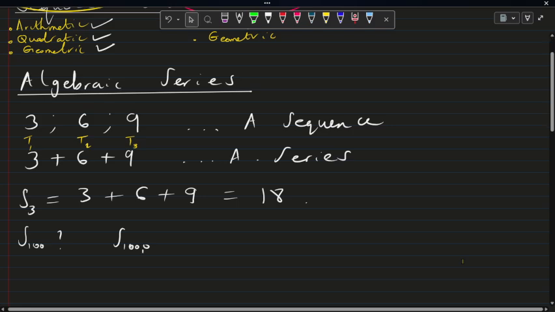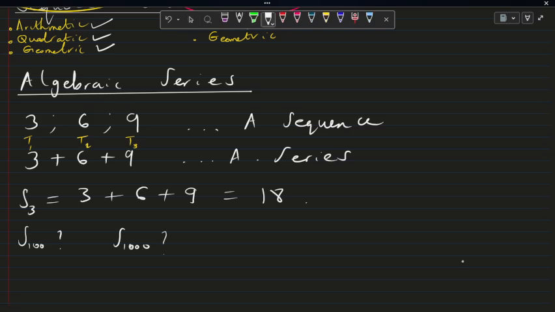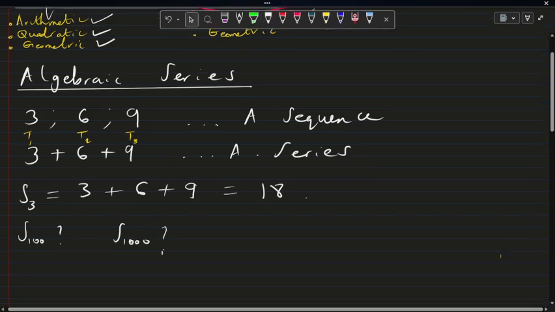So what we need to solve these problems is a formula that will enable us to easily determine the sum of the first 1,000 terms, the sum of the first million terms for that matter. So let us develop a formula that will help us in these kind of situations.